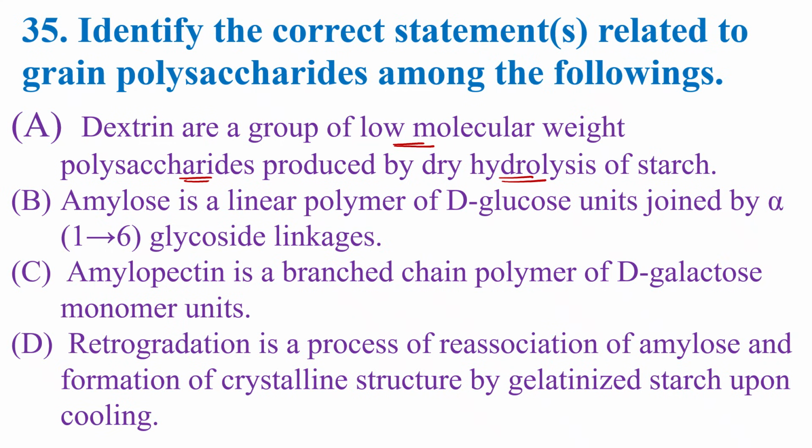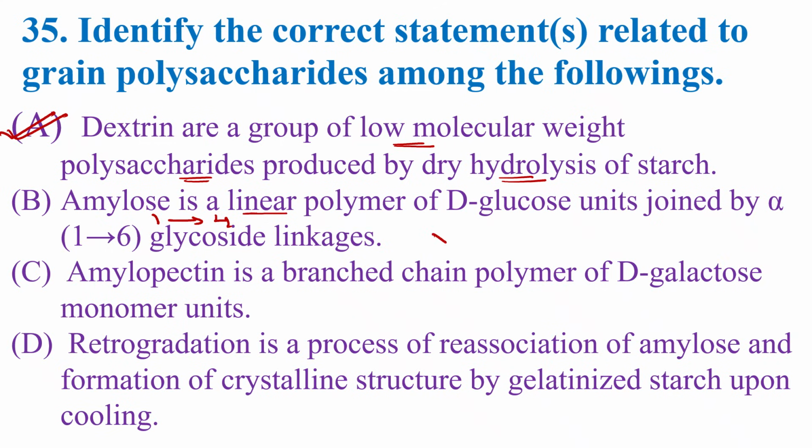So this statement is true. Next, amylose is a linear polymer of D-glucose units joined by alpha-1,6 glycoside linkage. So this is not true, since it is true that amylose is a linear polymer of D-glucose units, but it is joined by 1,4 glycoside linkage. So this is an incorrect statement.